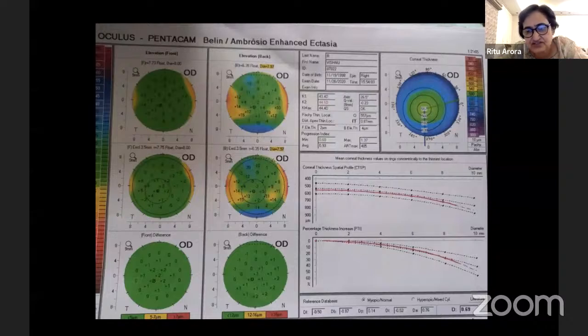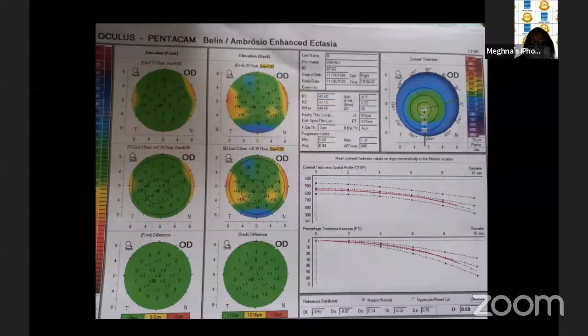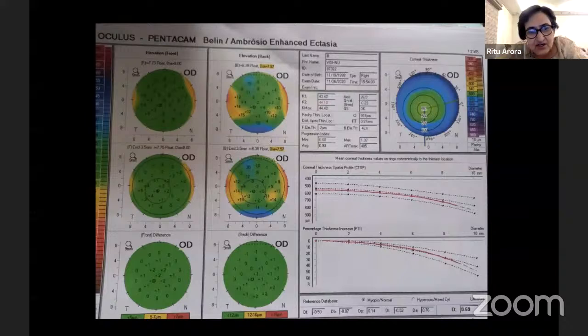This is telling you just the elevation on the front. But at times when you're borderline, it takes the area which is the thinnest area, basically where the pachy was thinnest, and a 3 millimeter circle around that. Total circle is 3 millimeter. So data from this is excluded to come to this second map, vertically second map, left side.